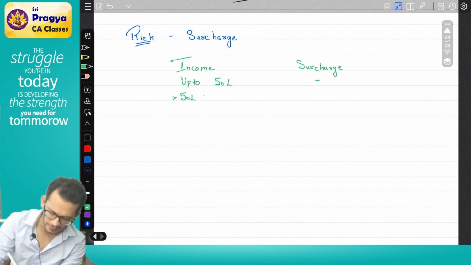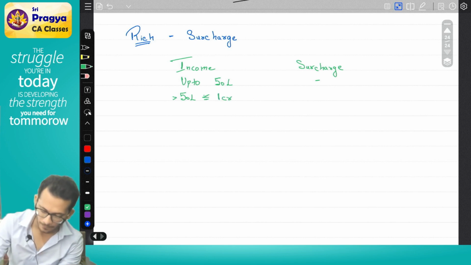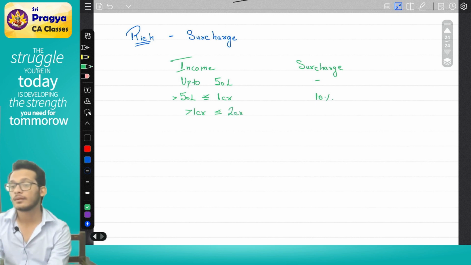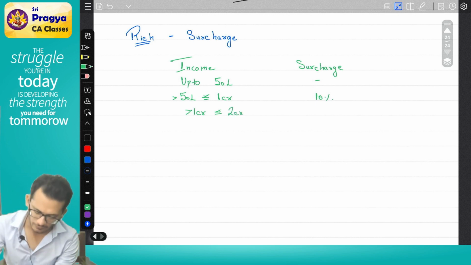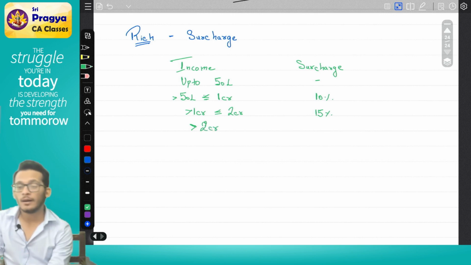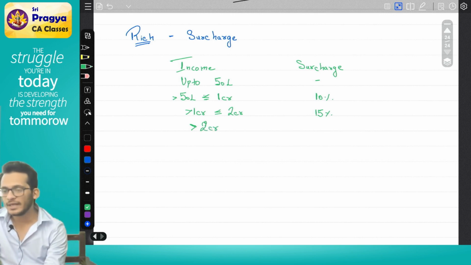More than 50 lakhs up to 1 crore, 10%. More than 1 crore up to 2 crores, 15%. Then more than 2 crores up to 5 crores was 25%. After 5 crores was 37%.